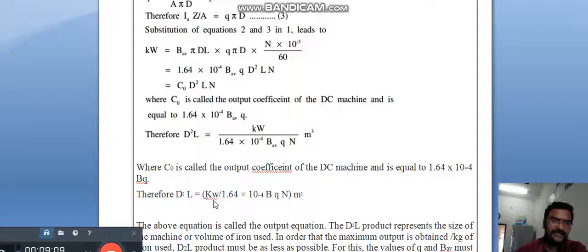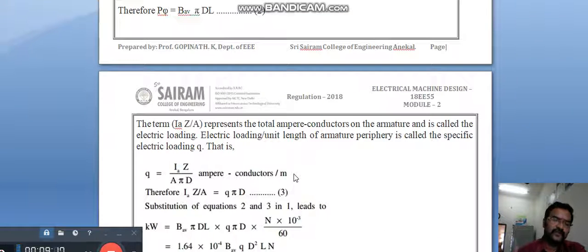When the diameter and length are reduced, the cost of the machine itself is reduced. So the output equation is used to find the diameter and length of the armature. From that we can easily identify how much iron and how much copper is used for a particular machine. To reduce that, we should increase the specific magnetic loading and specific electric loading of the machine.